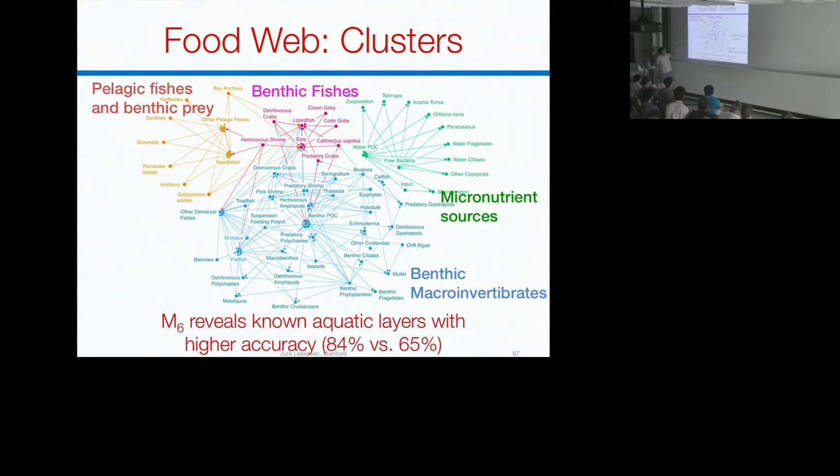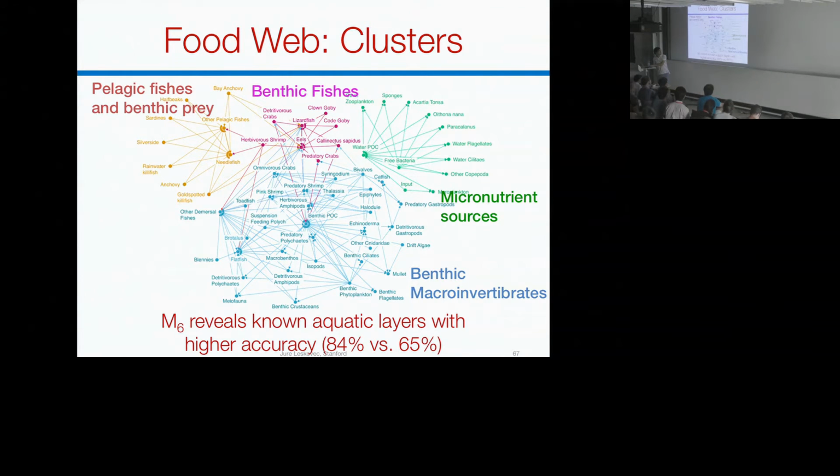So the clusters that we identify here, I show you to them in colors. And it turns out that these clusters correspond to what biologists call aquatic layers, and we are able to identify these aquatic layers much better than what previous methods were able to do.